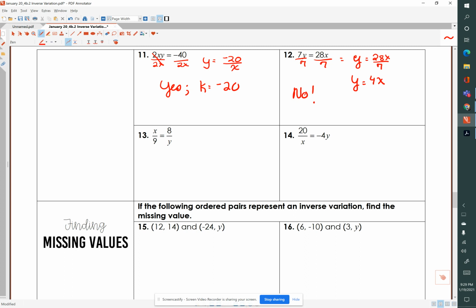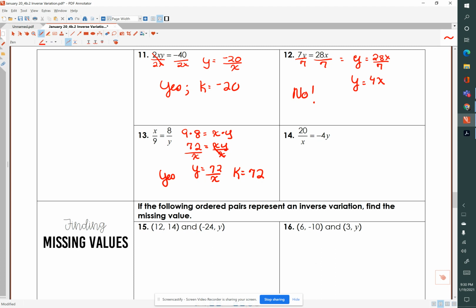In number 13, we have a proportion, right? Remember how to solve these? Use cross products. So 9 times 8 equals x times y. So we'll have 72 equals xy. Divide both sides by x so that we identify y. And we end up with y equals 72 over x. And yes, that is an inverse variation equation, and our constant of variation equals 72.